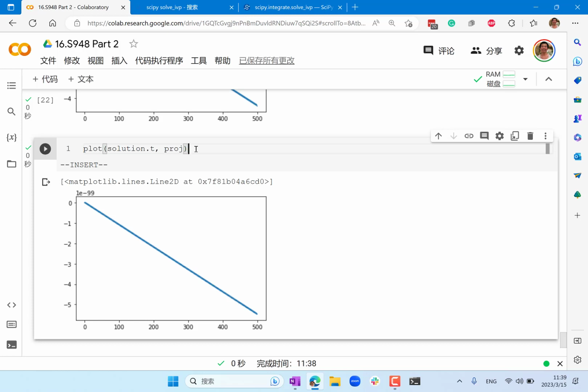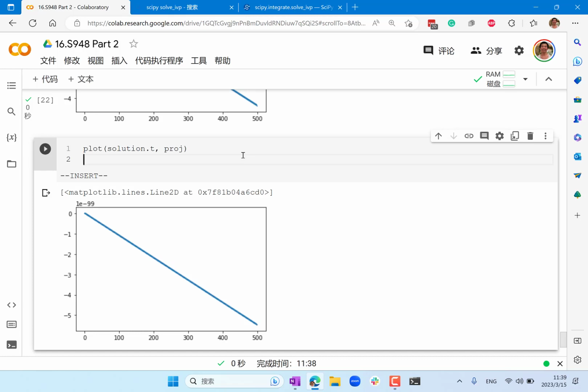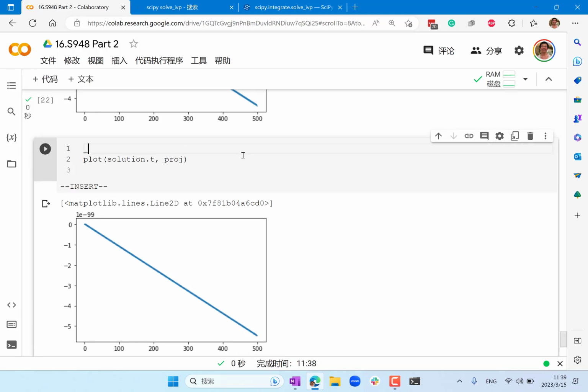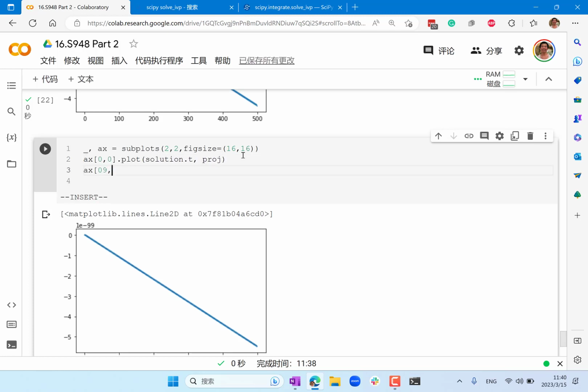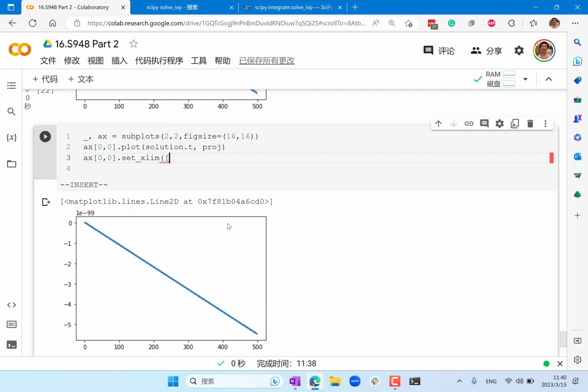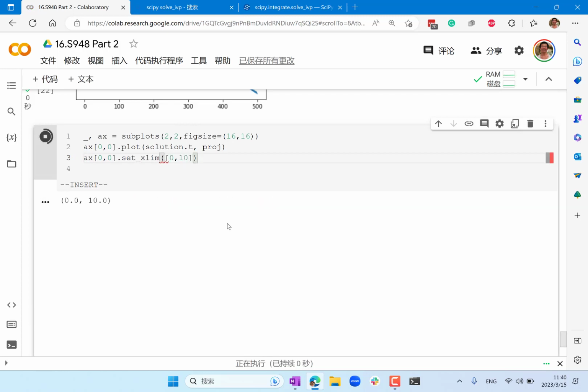Okay, and if we can zoom in a little bit more, so let's say, actually let's make multiple figures, and let's zoom out a little bit. So focus in between 0 and 10, for example.